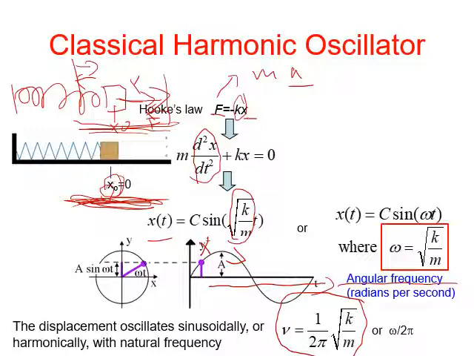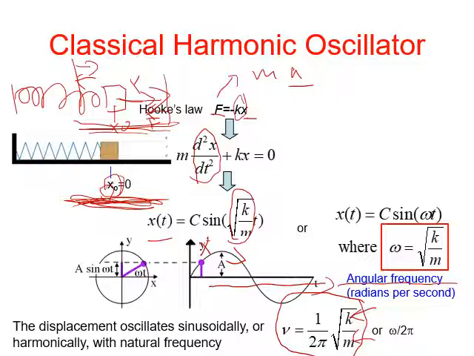It is important to notice that the frequency is proportional to the square root of k and inversely proportional to the square root of m. So the stiffer the spring, or the stronger the bond, the faster it vibrates. And the smaller the mass, or the lighter the atom, the higher the frequency.